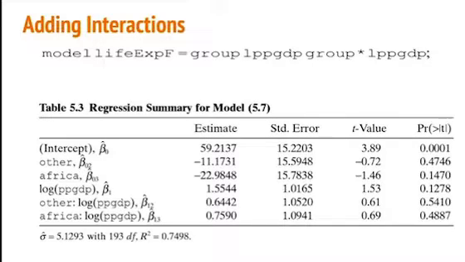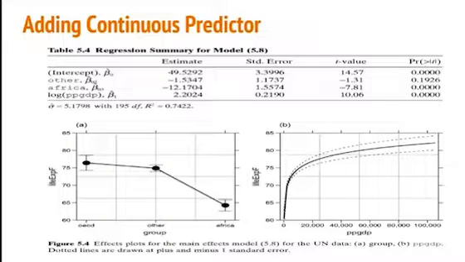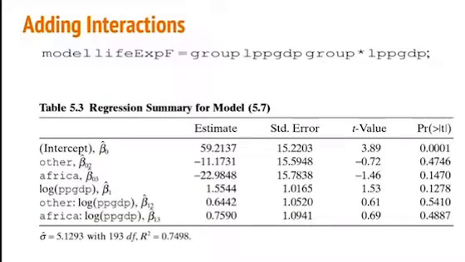And somebody may begin to say, maybe interaction is not really necessary. Maybe what is actually necessary is just to compare the main effects of the group and the main effect of the log PPGDP, because when you do that, you can see the significant effect. But let me tell you this: if I have a series of models, what you're going to see in our subsequent lecture is how do we compare between models?